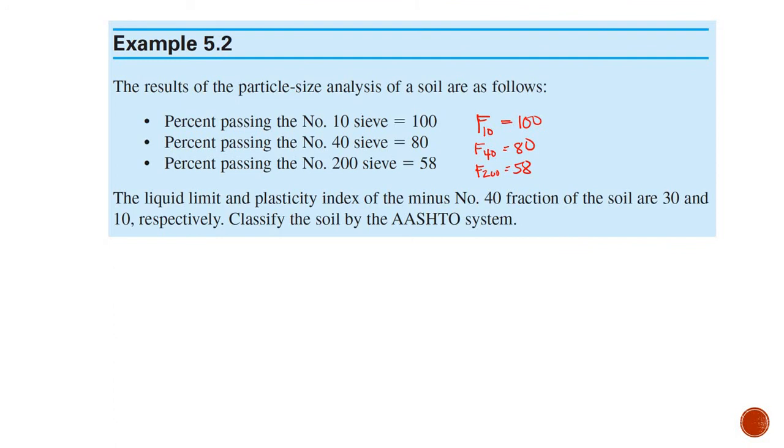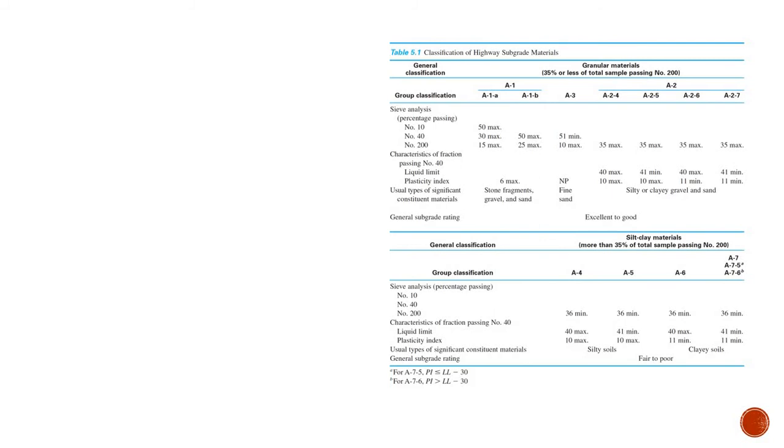The liquid limit and the plasticity index of the minus number 40 fraction of the soil are 30 and 10. So, this is your liquid limit. And then this is your PI. Classify the soil by the AASHTO system. So, let's try to classify the soil.